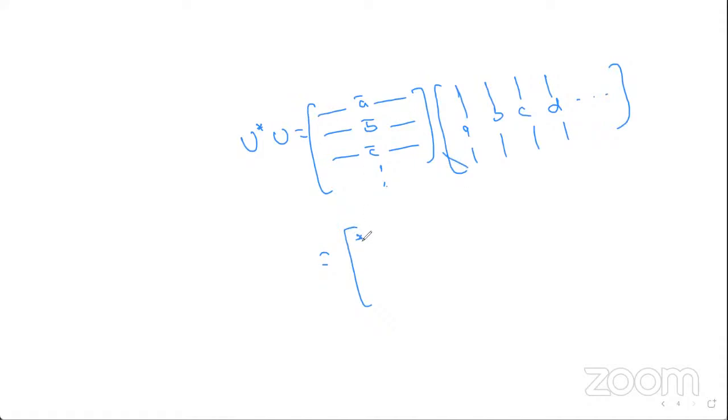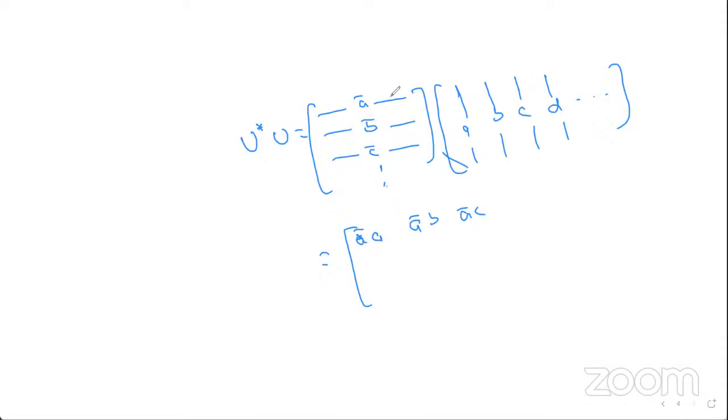This is going to be A conjugate multiplied by A, this entire vector multiplied by this vector.